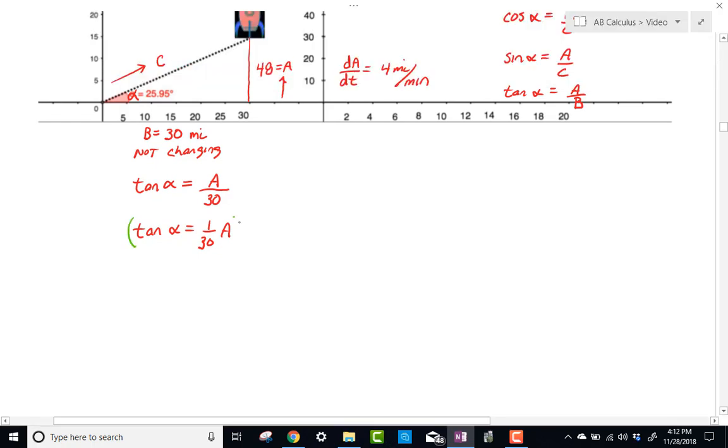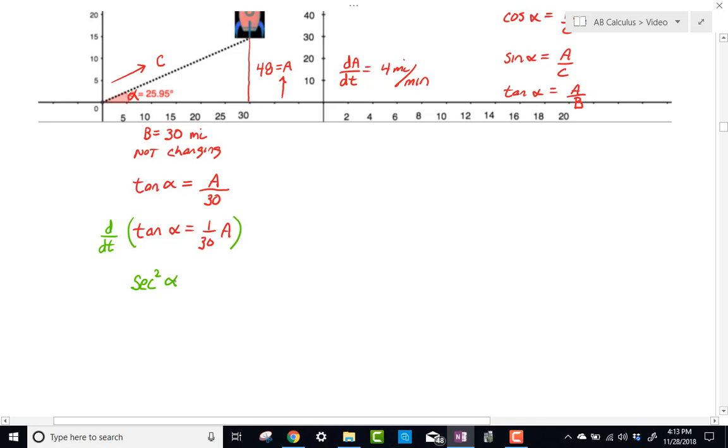All right, so we're going to do d dt. So I take the derivative of tangent. The derivative of tangent is secant squared. So I have secant squared alpha times the derivative of the inside material. Now remember, when you take the derivative of tangent, we're always taking the derivative of the inside too.